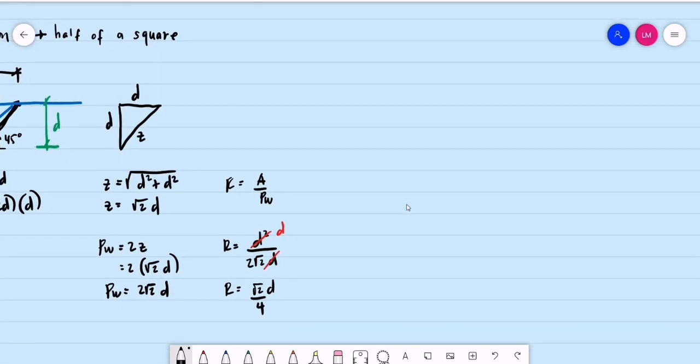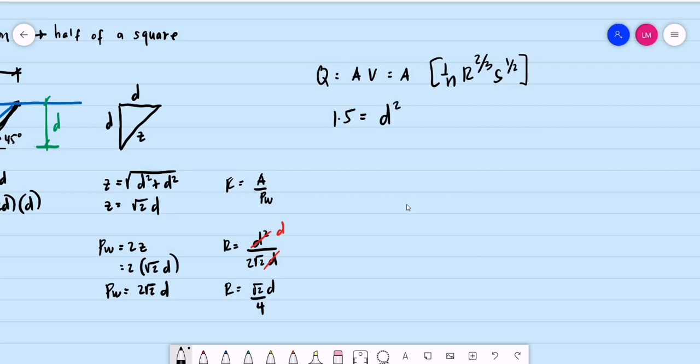Now computing for the depth of flow, we have discharge is equal to area times velocity, or the area multiplied by 1 over the roughness coefficient, hydraulic radius raised to 2 over 3, hydraulic slope raised to 1/2. What is the given discharge? The given discharge is 1.5 cubic meters per second. What is our area?